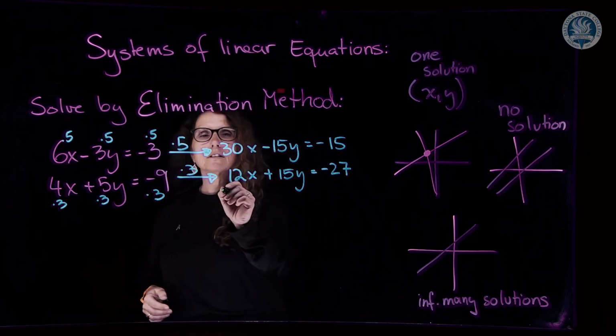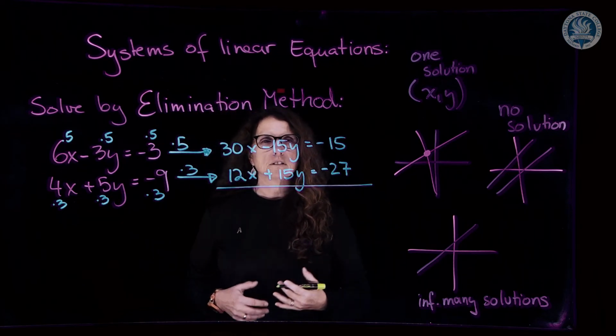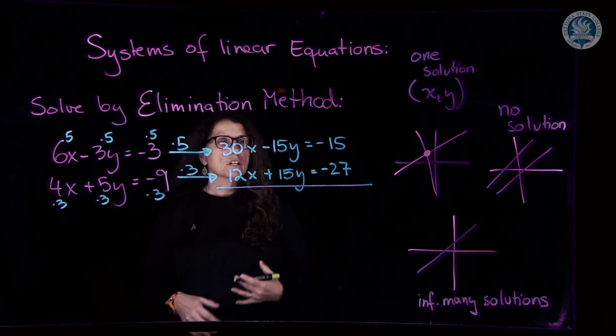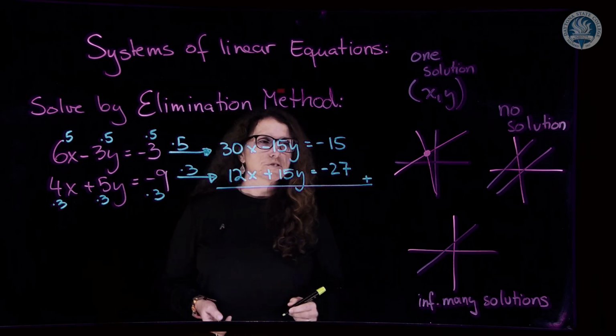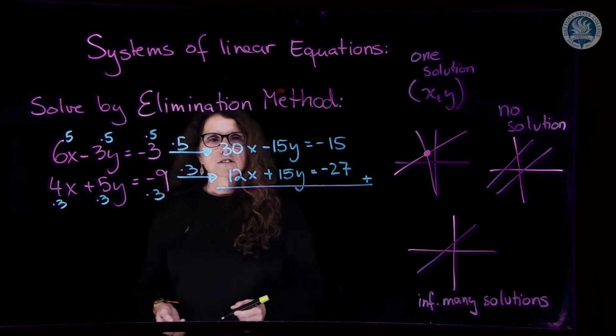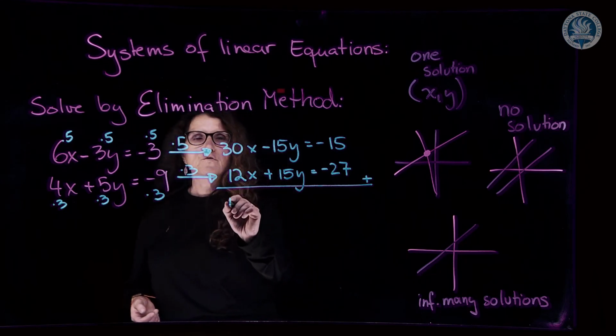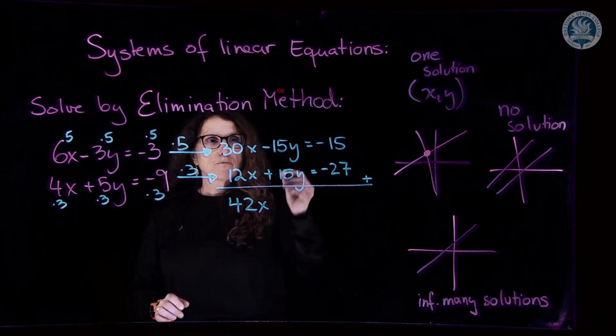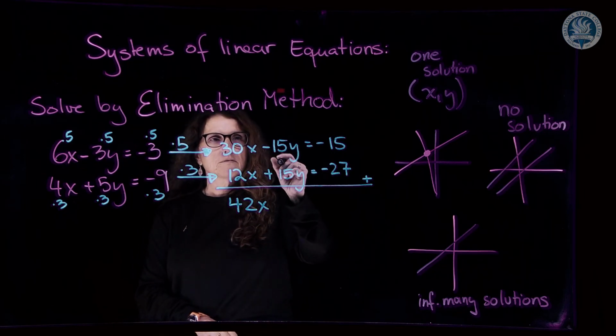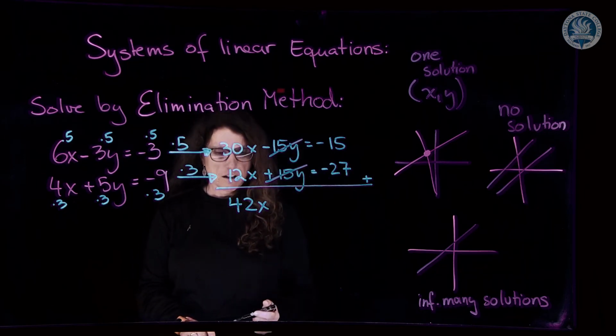We can eliminate them. How do we eliminate? We add them. That's why it's sometimes called the addition method, because the next step is to add. 30x plus 12x is 42x. The 15y's, that was our whole reason for doing that, cancel out.